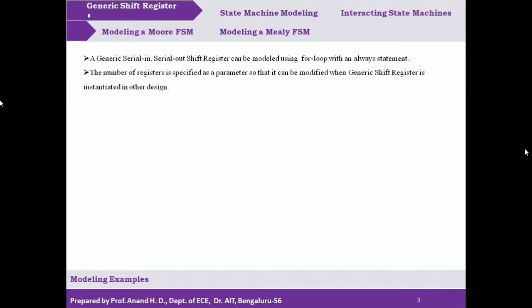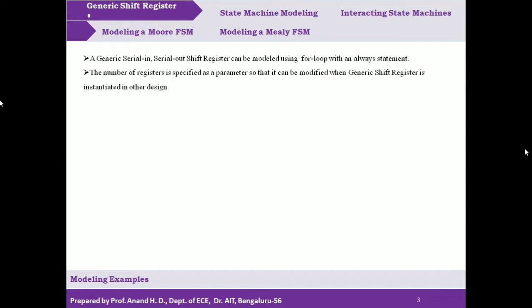We know what a shift register is, but why is it called a generic shift register? Here we are going to model a general shift register whose size is not fixed, so it can be instantiated in any design as per the size requirements of that design.